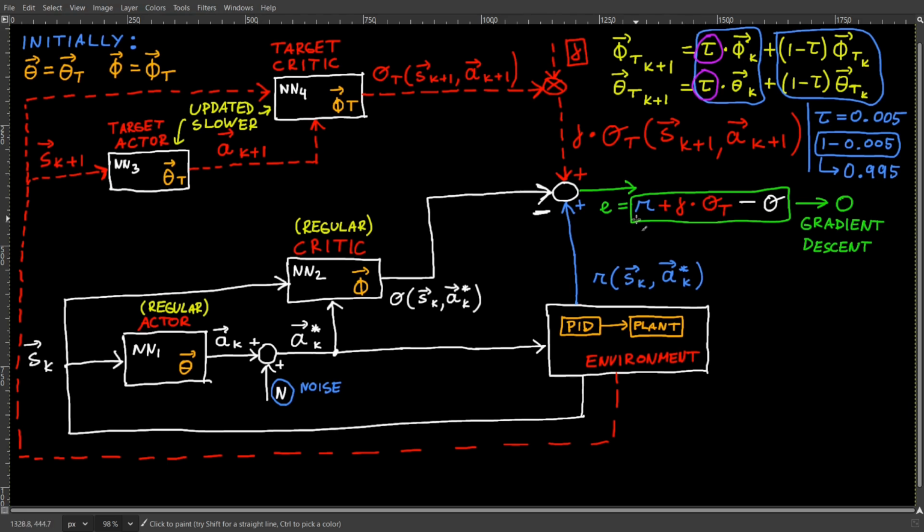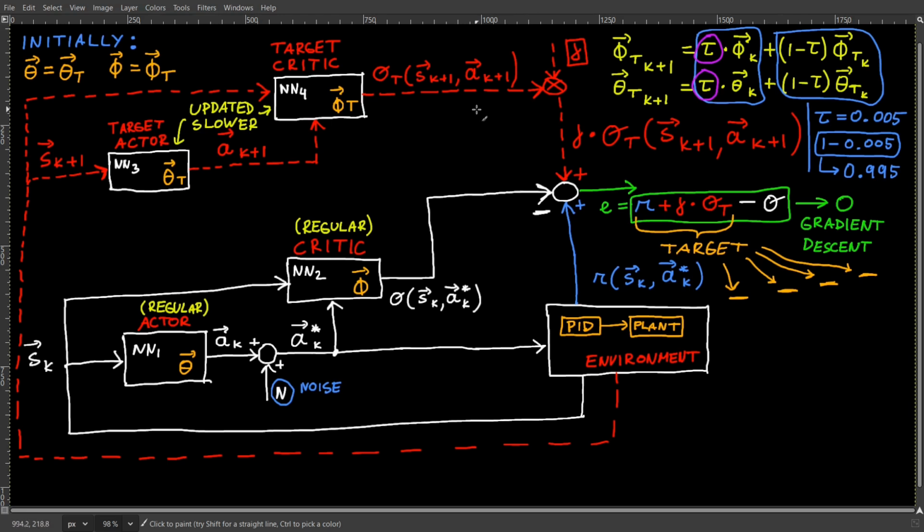Remember that this here was your target Q value. Because of the fact that the weights and biases of the target actor and target critic networks do change, you still don't have constant target values for some state action pair.